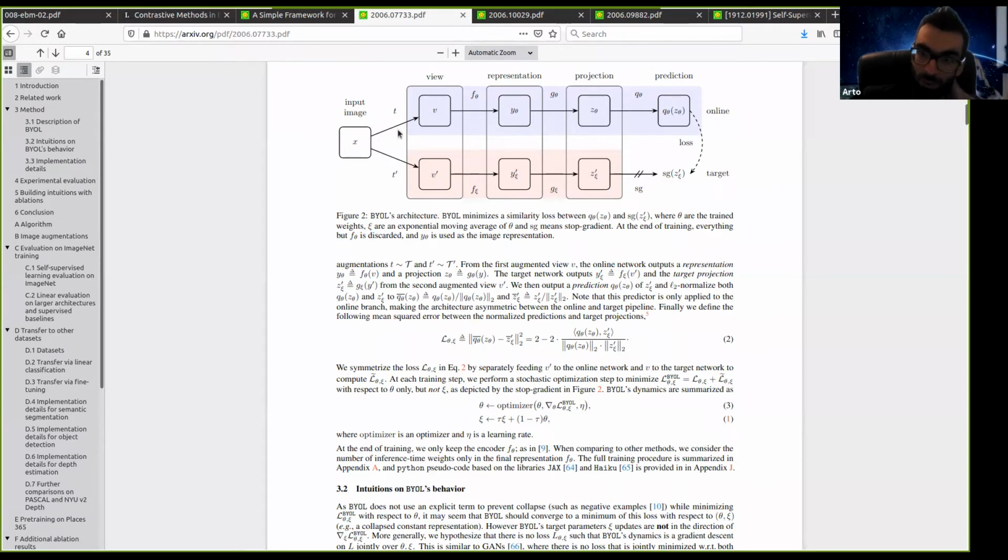And we augment the data point, and then we compute the representation here. Then we apply a projection to it to obtain this z, which would be a kind of hidden variable, and then we apply another simple function to it.